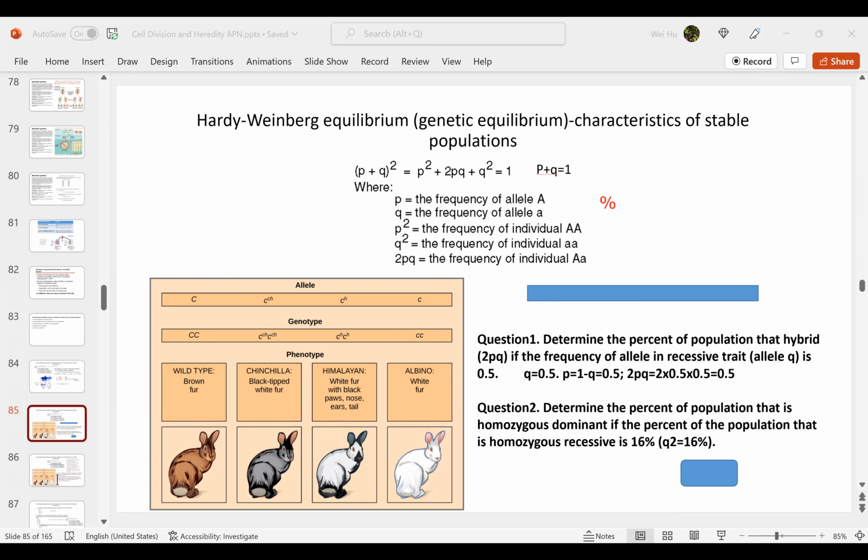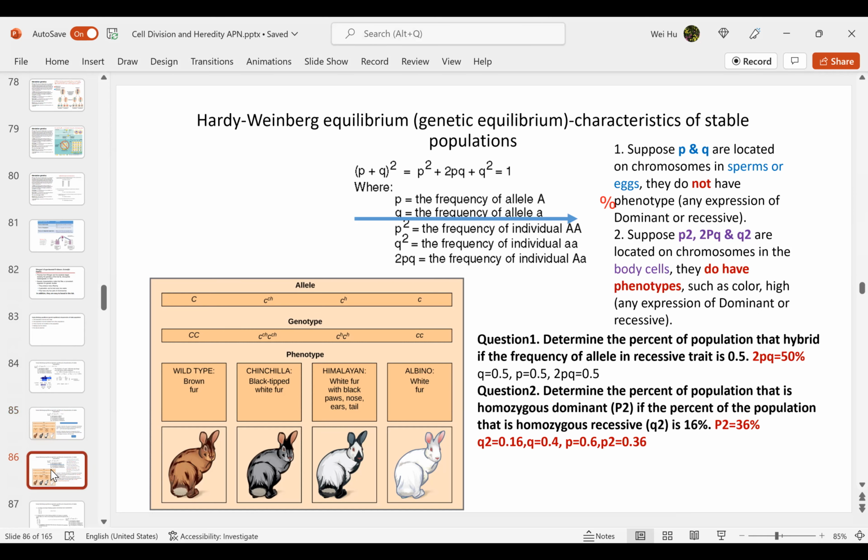So now let's do this one. P squared equals 36. How can you get this number? Number one, you were told Q squared equals 16%, then Q must be 0.4. Then your P must be 0.6. So P squared equals 36%.